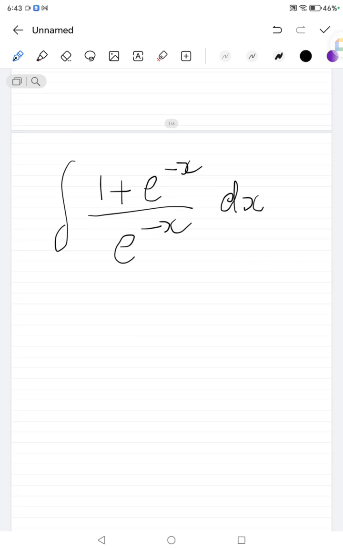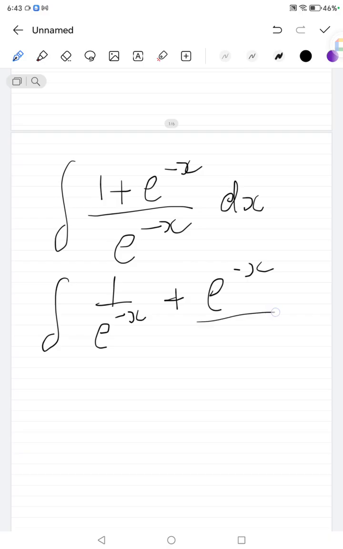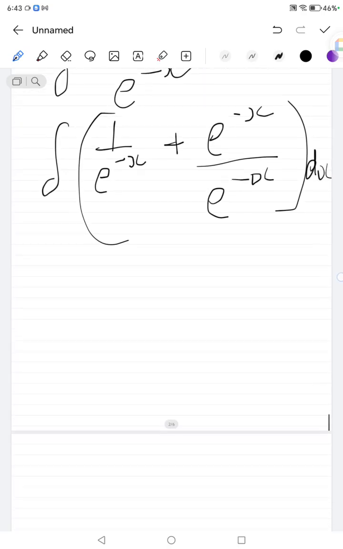Let me just show you something. With this one, you can basically write it like this. Then you're gonna have 1 over e to the exponent minus x plus e to the exponent minus x over e to the exponent minus x. Then you have your dx. You see?